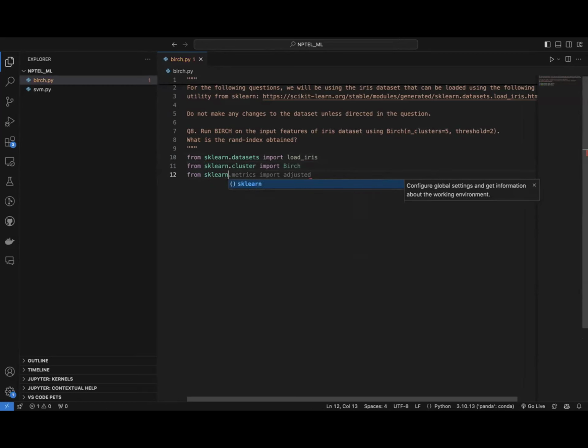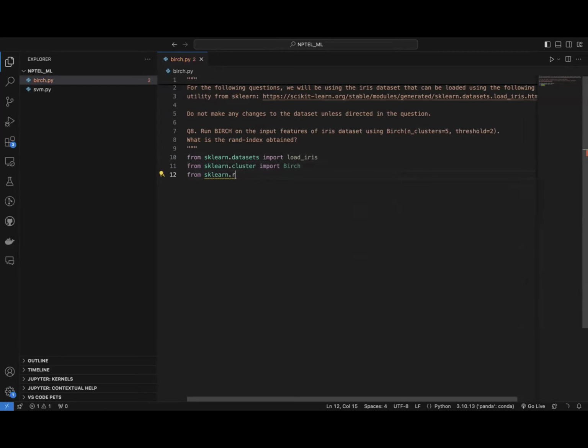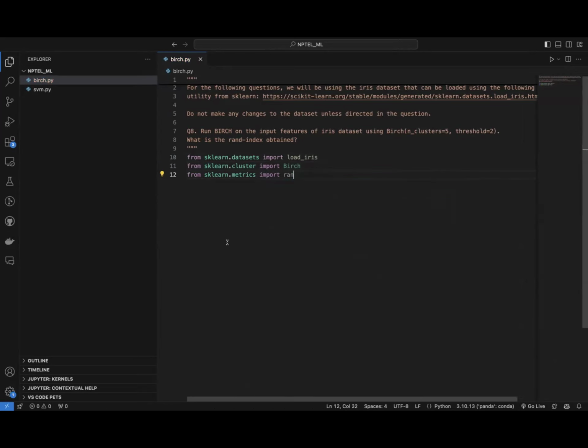From sklearn.metrics import the score, I guess. Just take the suggestions and do the thing.